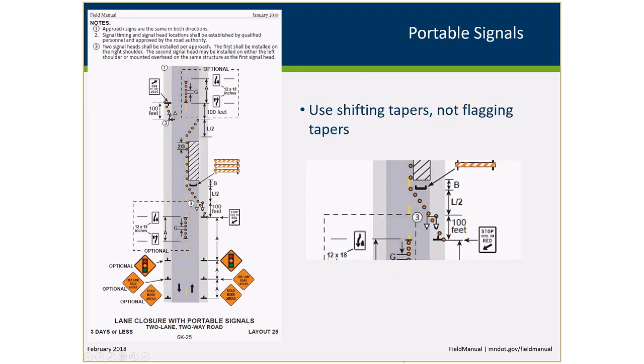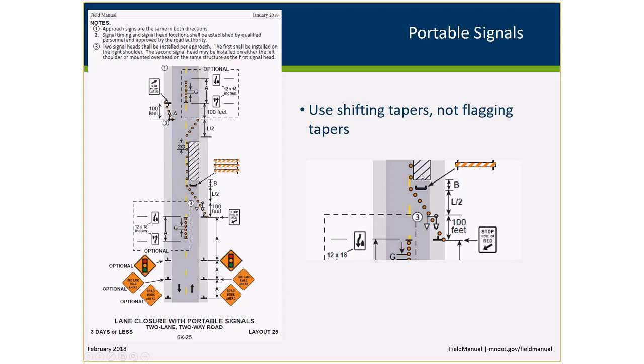So portable signals, that's a pseudo flagging operation. We're using signals instead of a flagger, but we made a pretty big change to this because of the situation where the signal might be green. If the signal is green and traffic is traveling at a relatively higher speed, they won't be going their full speed, but this 50-foot taper is difficult for them to make that maneuver.